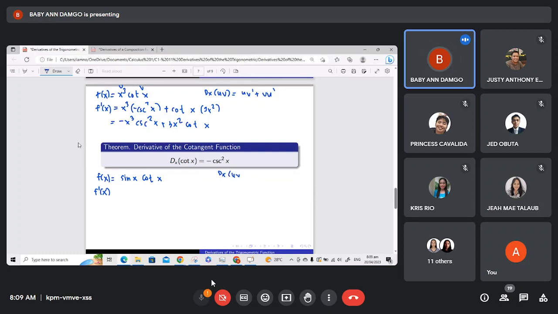So uv prime, so this is your u, and then this is your v, so uv prime, sine x, derivative sa cotangent x is minus cosecant squared x plus cotangent x. So, this is vu prime. So, u prime, unsay derivative sa sine x? Cos? Okay, cosine x, which is, so simplify.